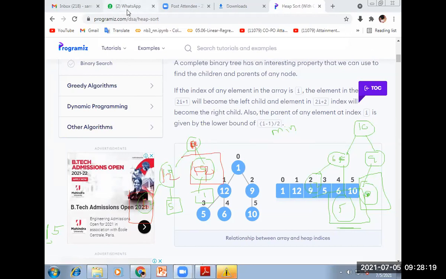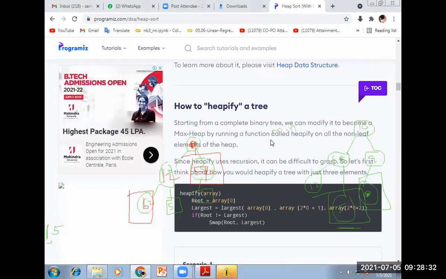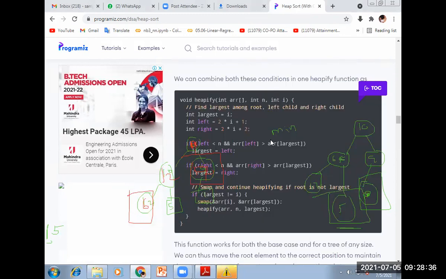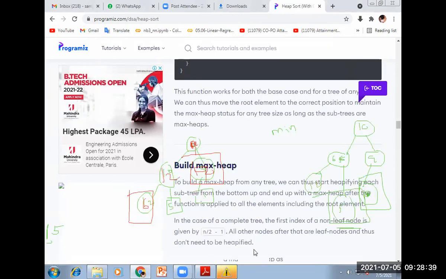So what you have to do is first construct the binary tree, either min heap or max heap, then store the top element in the last position. Okay, clear?